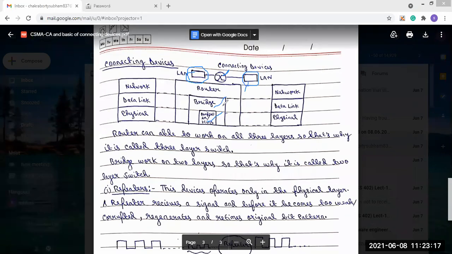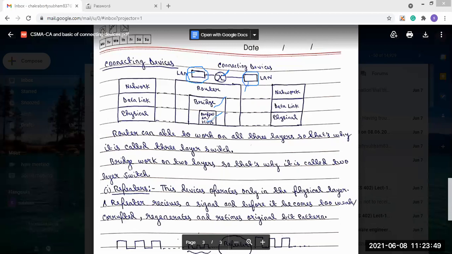It can work on the physical layer, the data link layer, and the network layer also. Whereas the bridge works on the physical layer and data link layer. So that means the bridge can be called a two-layer switch because it works on two layers, physical and data link.